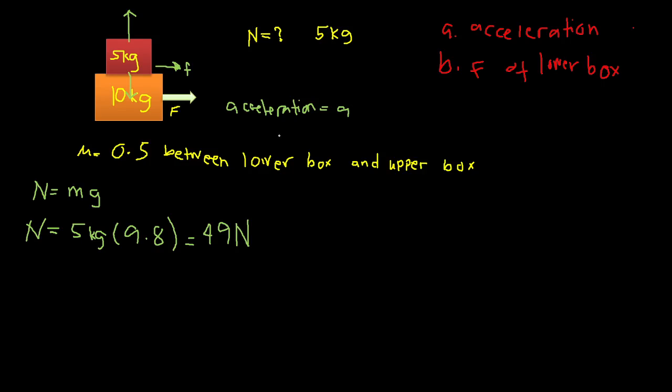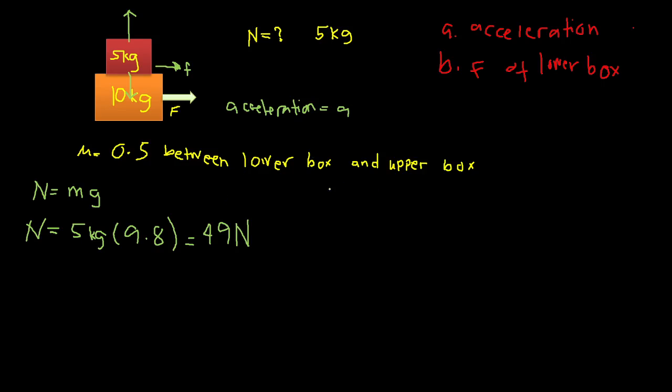So our external force here is the force of friction between the upper and lower box. The friction is responsible for moving the upper box towards the right with some acceleration A. So si friction yung acting force natin dito sa upper box.